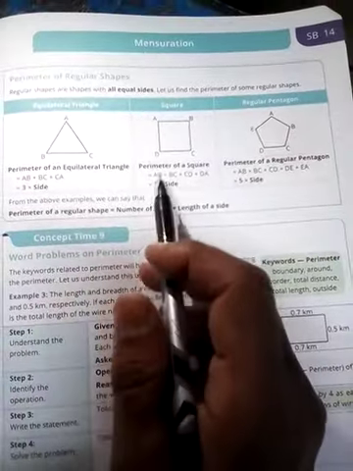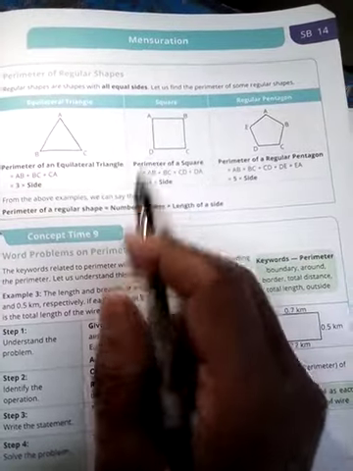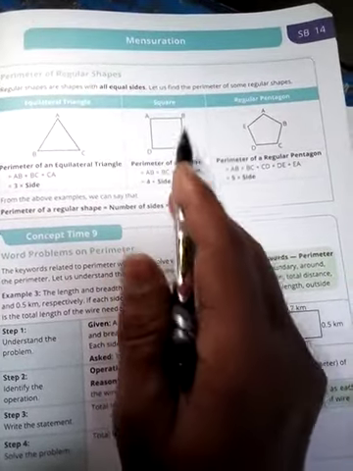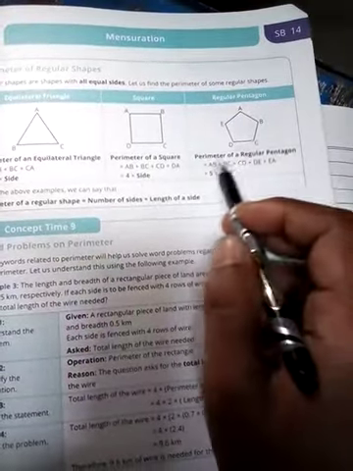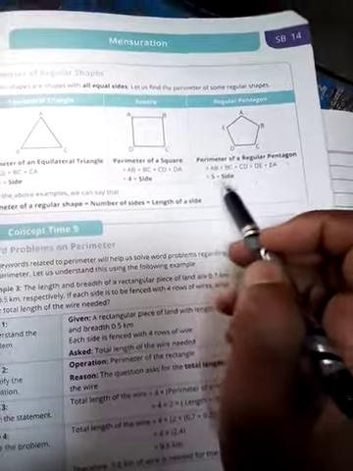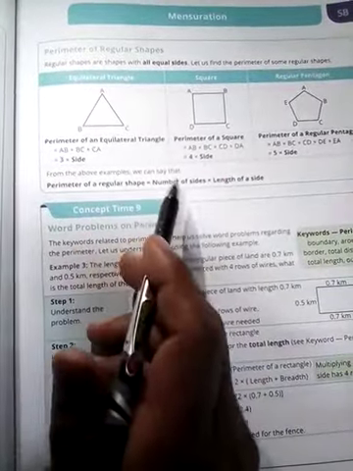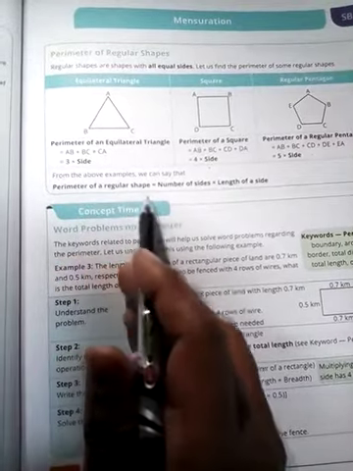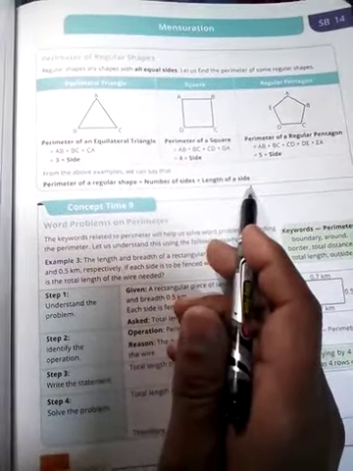In a square, the perimeter is side plus side plus side plus side, which is 4 into side. In a regular pentagon it is 5 into side. So from the above examples, the perimeter of a regular shape is the number of sides into the length of a side.